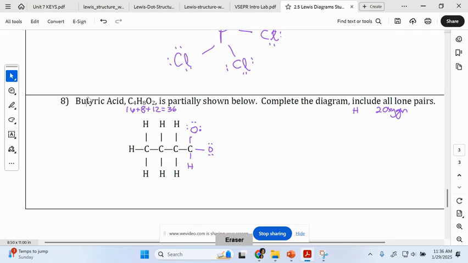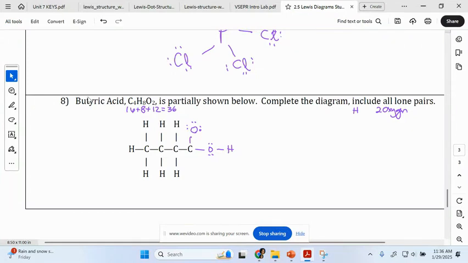So I'm going to have to go in. I'm going to take this hydrogen here and I'm going to attach it to this oxygen. And at this point now, I have all 36 electrons placed. Don't draw it yet. It's still not right. Why? Do you see this carbon here? That carbon only has 6 electrons around it.